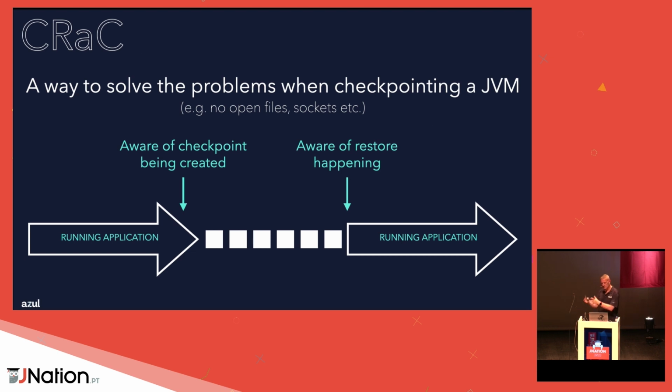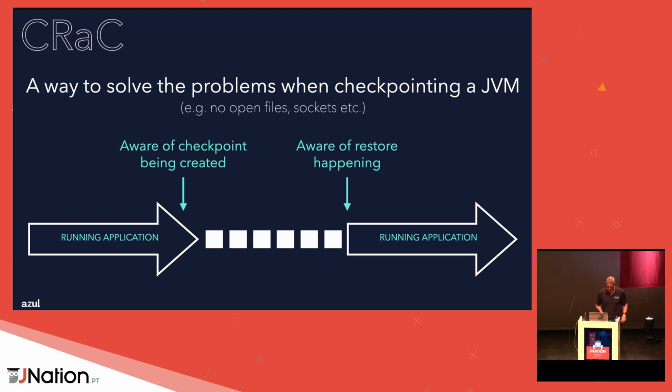Then you try to restore from the files, the JVM will be restored, your application will be restored, it will start running, and then you will try to access the database and it will crash because the database connection is gone, right? The JVM was shut down. So somehow we have to find a way to let the application know, now's a checkpoint, close the database connection, now you got restored, restore the database connection, right?